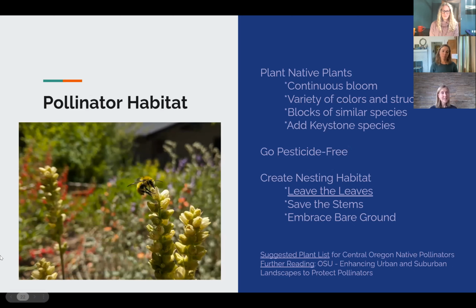To create ideal pollinator habitat, we are advocating planting native plants. Again, they are adapted to our ecosystem. They are what the pollinators evolved with or co-evolved with. So the best plants for pollinators are native plants.